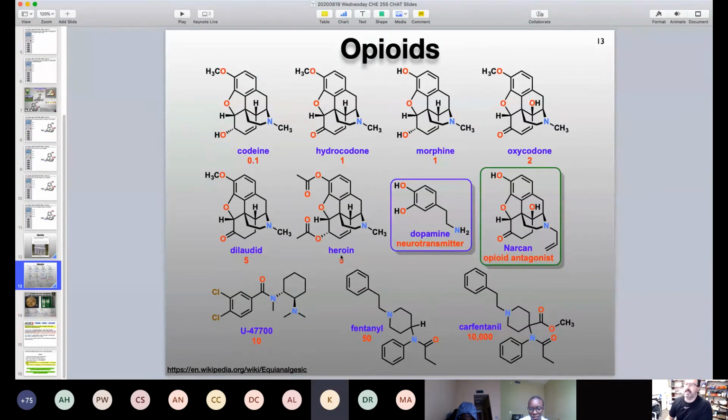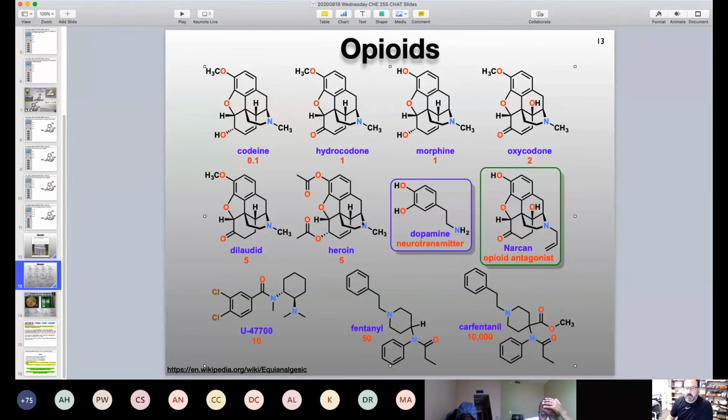So why is this? Look at this structure here, dopamine. See this ring that I'm highlighting? And I highlight this ring here. This ring maps onto that ring. You see this oxygen, that oxygen, this oxygen, that oxygen.